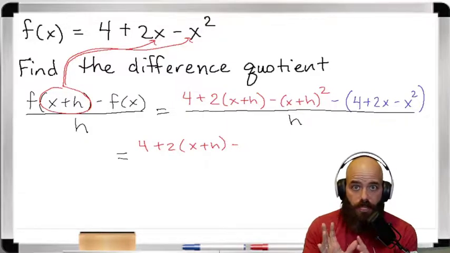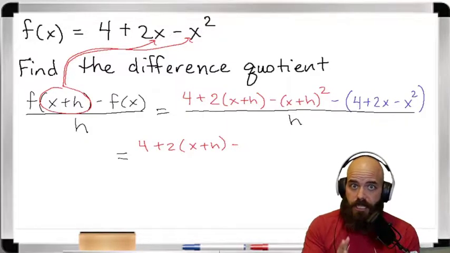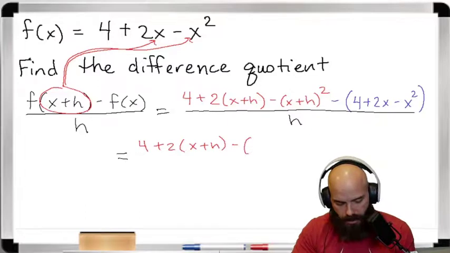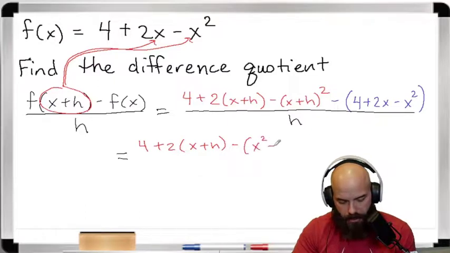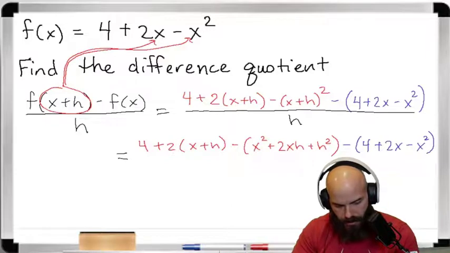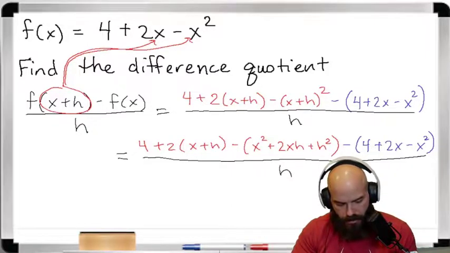So I want to make sure I put what that product is, x plus h squared, in parentheses. That would simply be x squared plus 2xh plus h squared. And so, like I said, we'll just continue to write everything else exactly. Just like that.